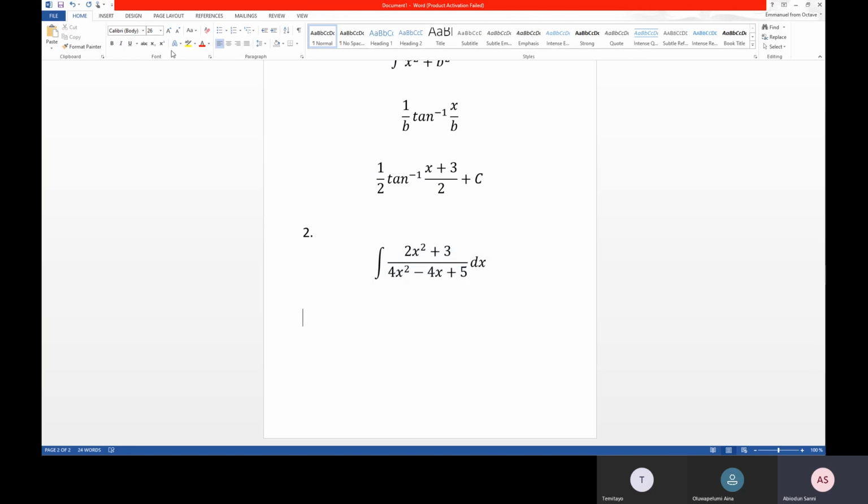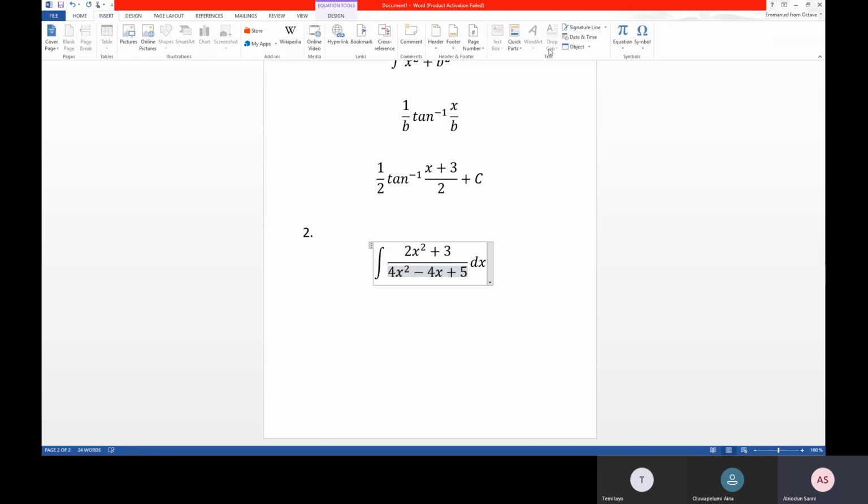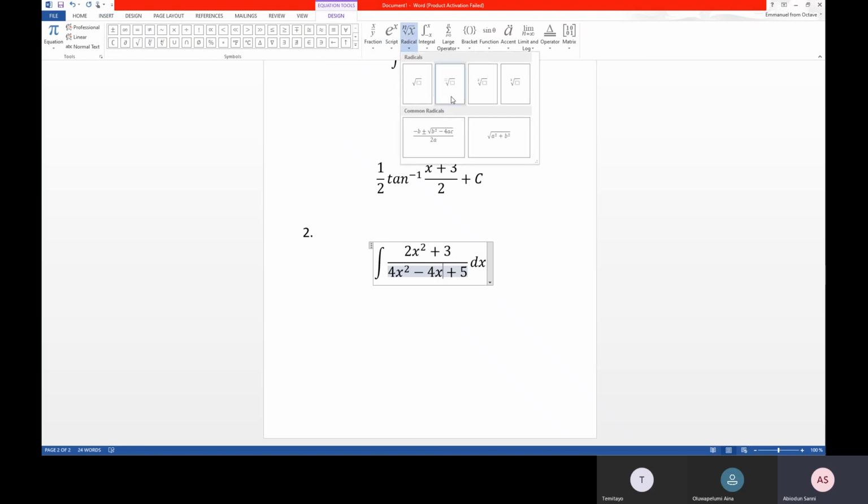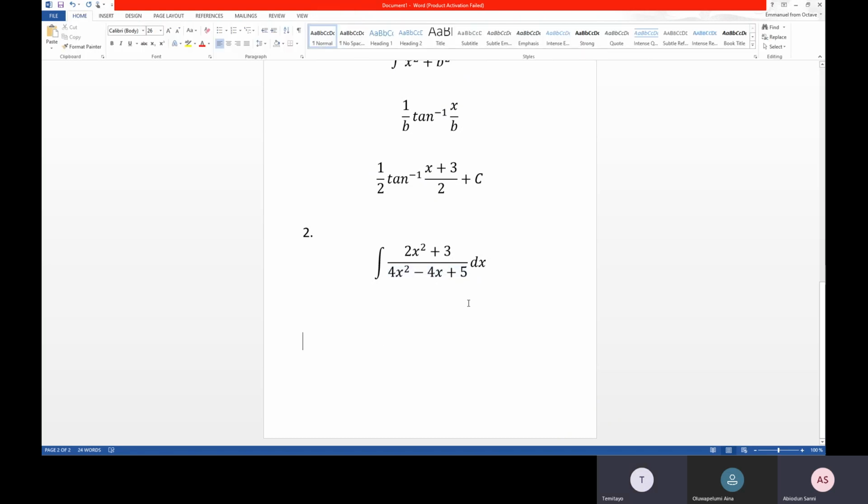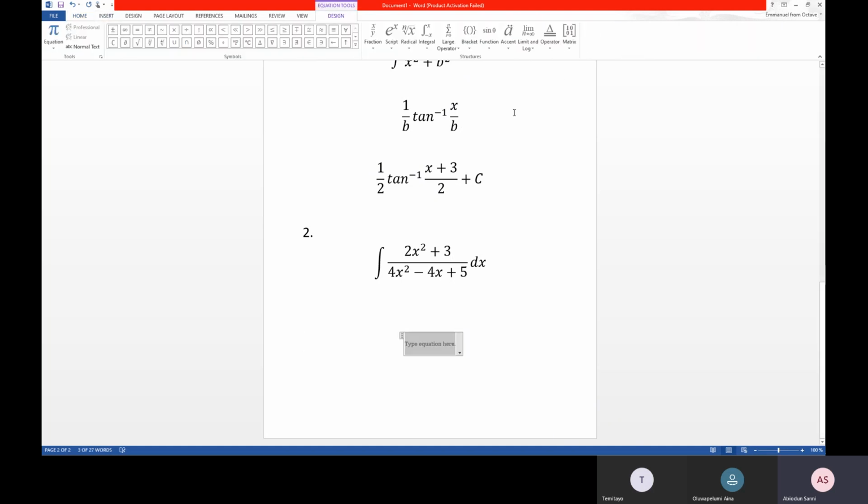So how do I do long division? In this case, this is my polynomial, and this guy is my divisor. Let me go to equation and insert equation.